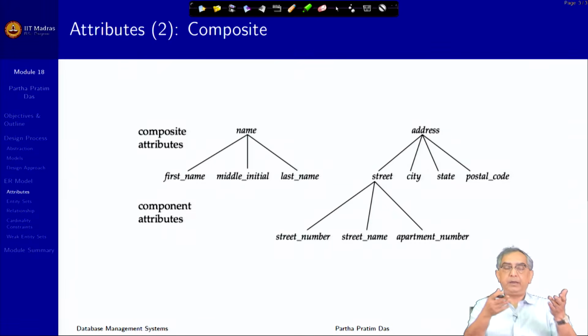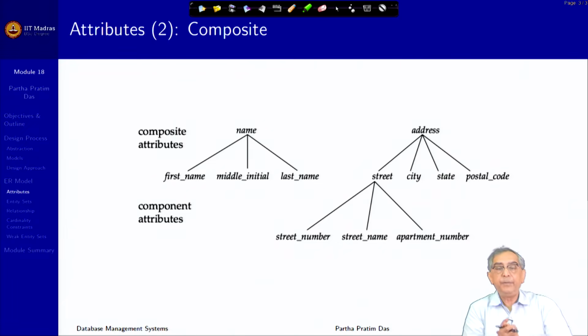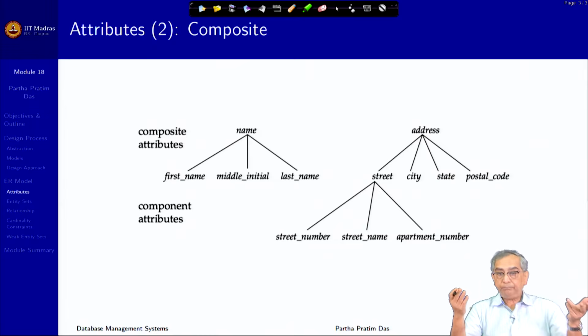But if you are working in a system like SQL, which has date as a built in primitive type itself, then you will consider date for that modeling to be a simple attribute. But if you are working on a system which has, say, numerics to represent, then date also is a composite attribute.